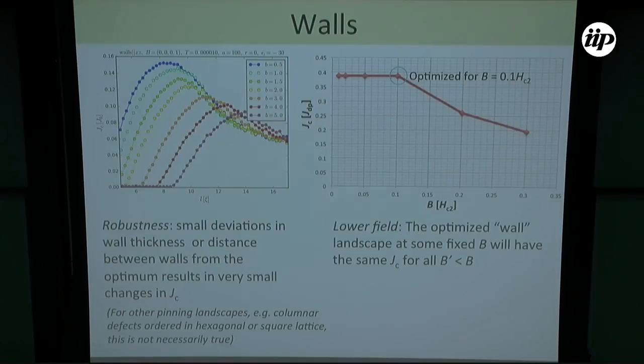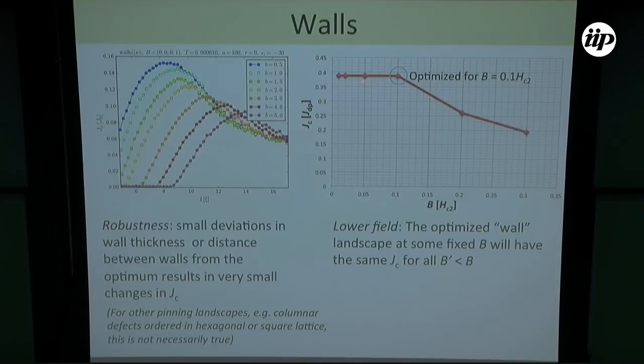The same holds for the thickness of each wall. So it's pretty reliable. For columnar defects, it's not the case. There we see a very narrow peak. So if in an experiment you make some mistake in the placement or in the diameter, the critical current will significantly drop.